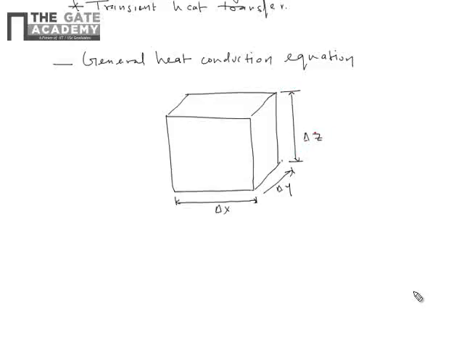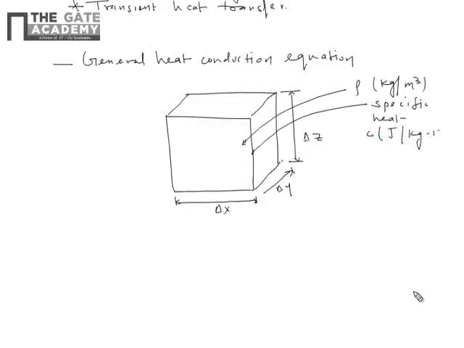Let us say the density of this element is rho in kg per cubic meter, and the specific heat of this material is C. C is in J per kg Kelvin.